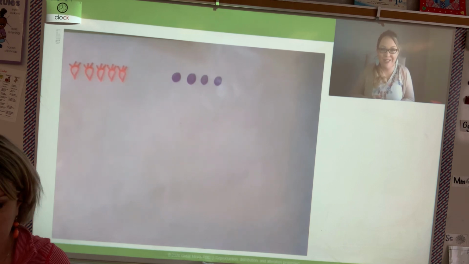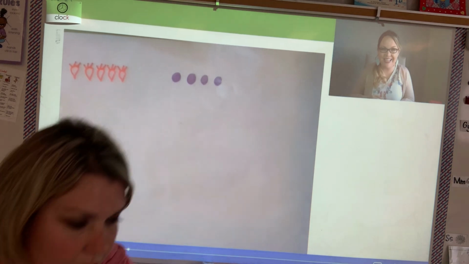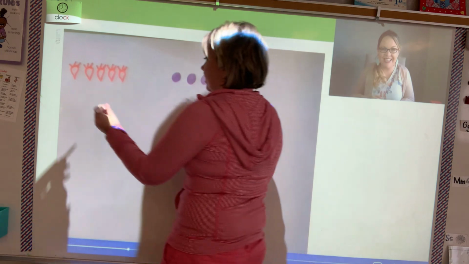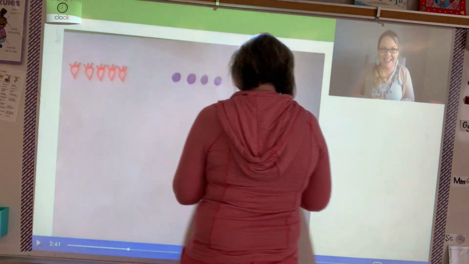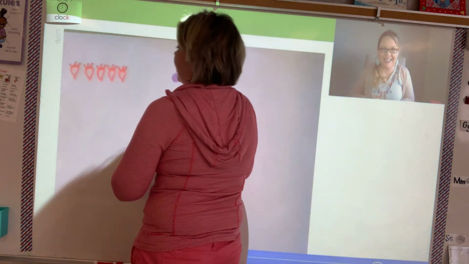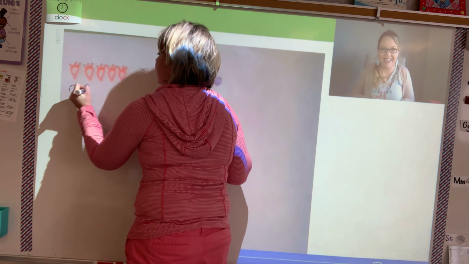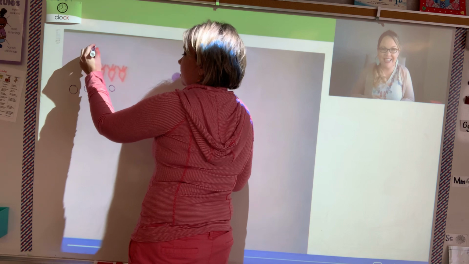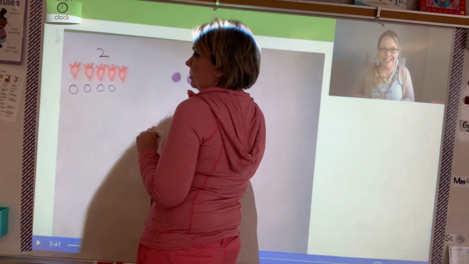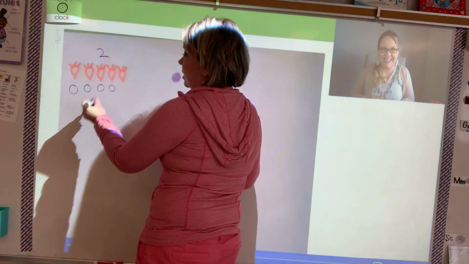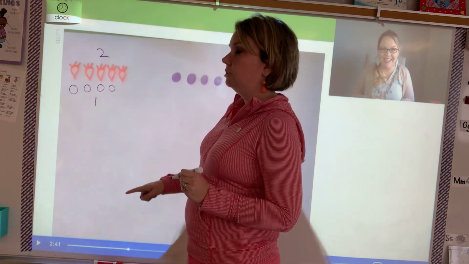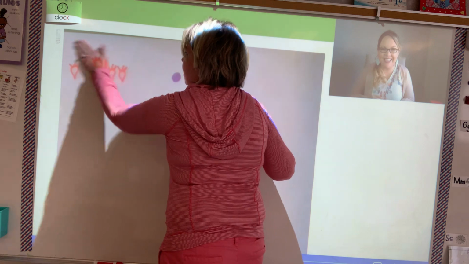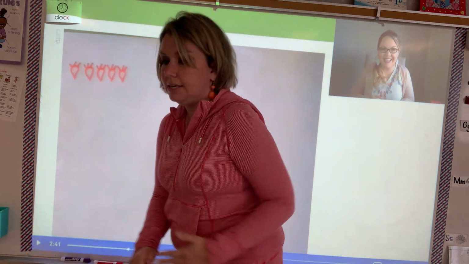So let's count our strawberries. If you did it the 5 group way, you could write, like, let's say I did it like this with my blueberries, I could write a number. I'm going to write the wrong number. 2 up here and 1 down here to show. Those were the wrong numbers. I was just showing that for an example.